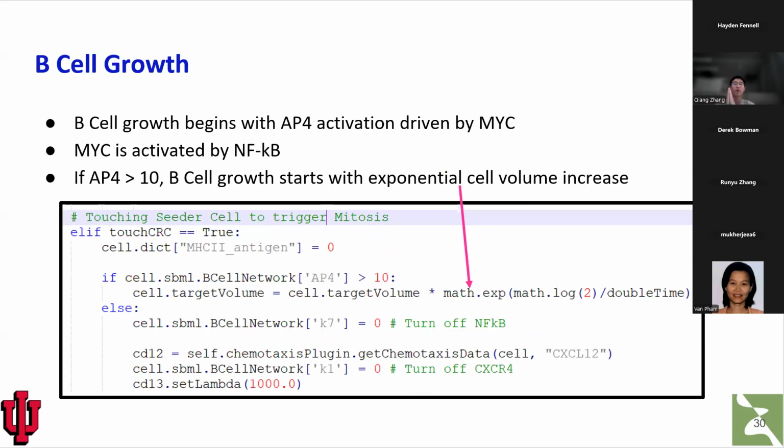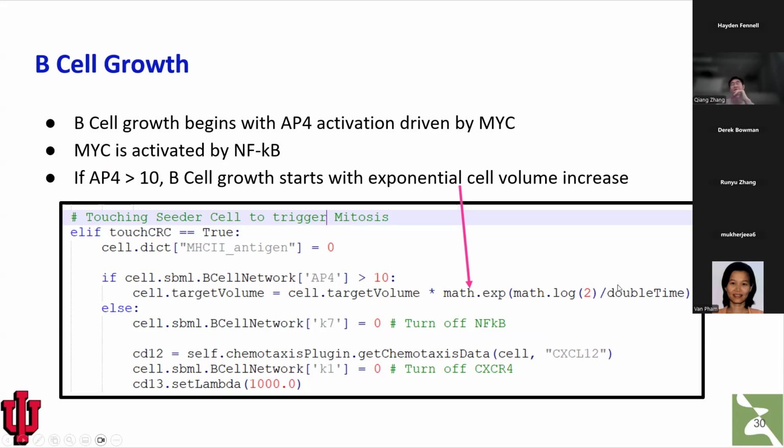For those B cells that survive and migrate back to the dark zone, we're checking whether AP4, which is downstream of NF-kappa B, and also MYC, those are the ones driving the cell proliferation. If the AP4 level is high enough, that's going to trigger cell growth. The cell volume will grow approximately exponentially, and how fast it grows depends on the doubling time.